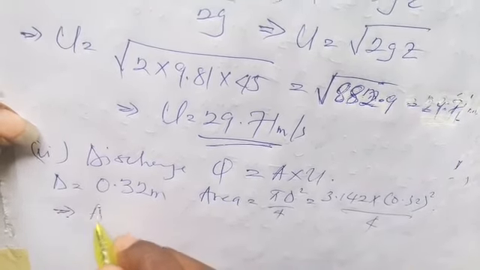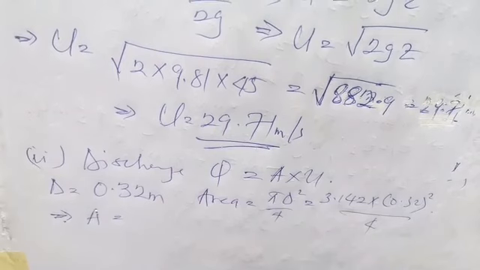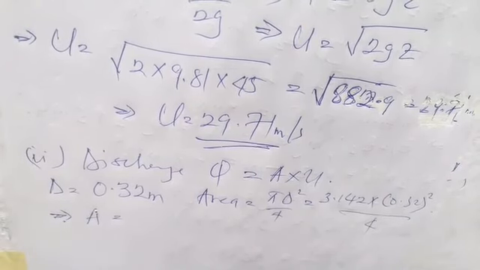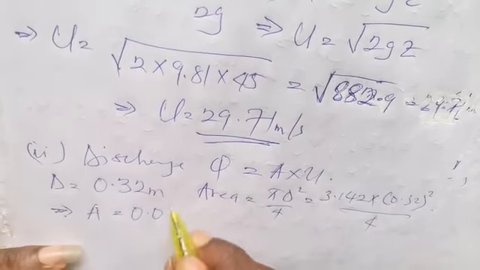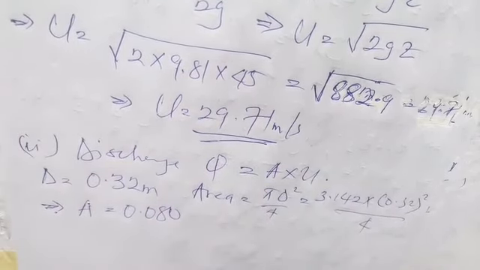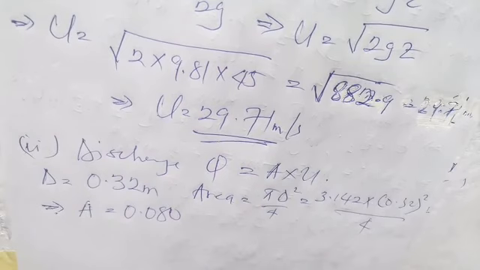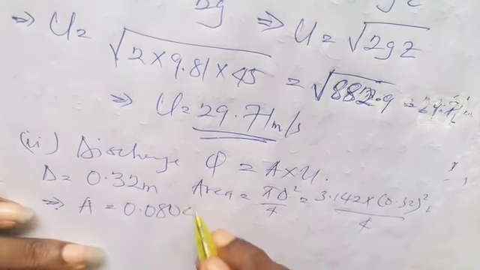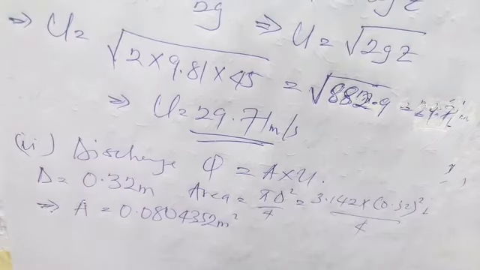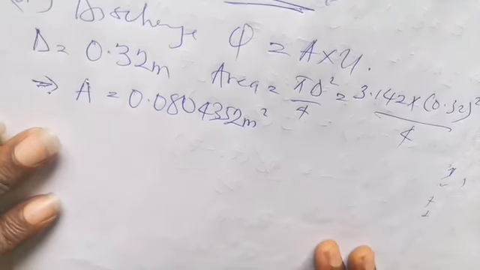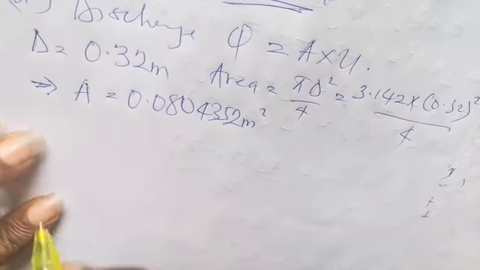So the area is 0.0804352 meters squared. Now that we've obtained the area, we can find discharge.